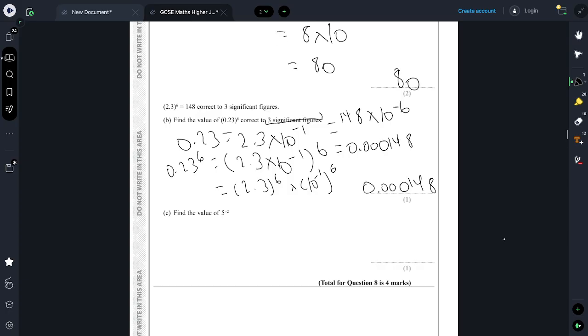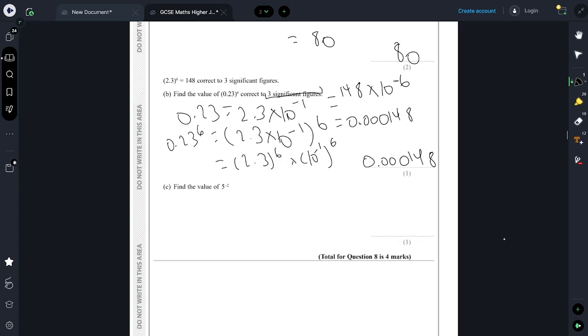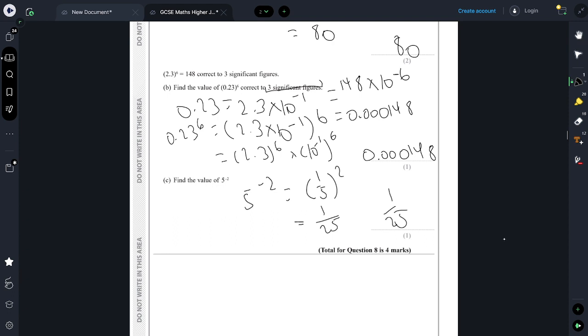Okay, so now we have part C, 5 to the minus 2. Well, again, deal with the minus first. That's going to be 1 over 5 squared. Well, that'll go to 1 squared over 5 squared, which is 1 over 25. So that's going to be your answer there.